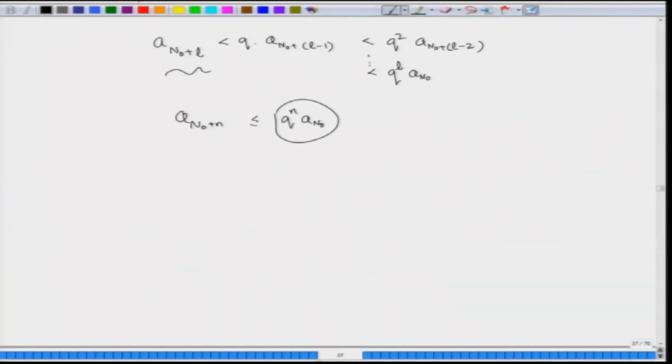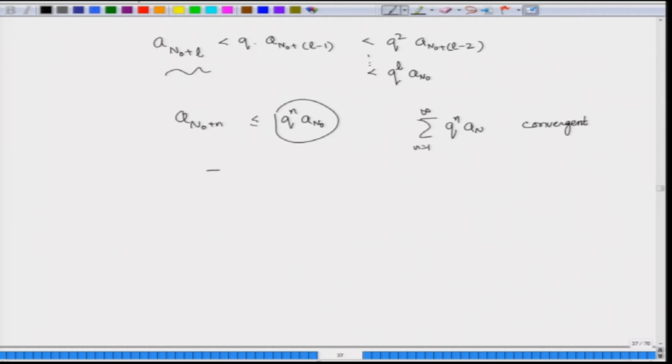Therefore, if I take the summation of q^n a_{n0}, n equal to 1 to infinity, this is convergent, because this is a geometric series and q is strictly less than 1.